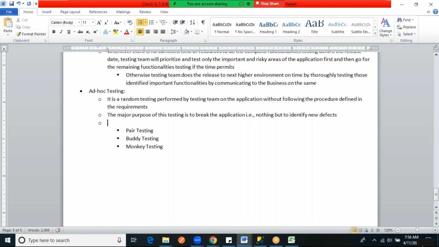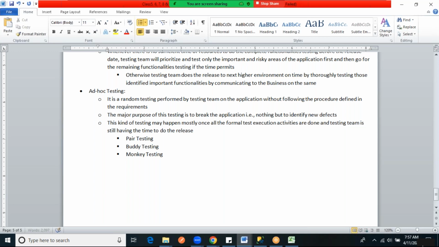Okay, so this kind of testing may happen mostly at the end, once all the formal test execution activities are done and the testing team still has time before the release.